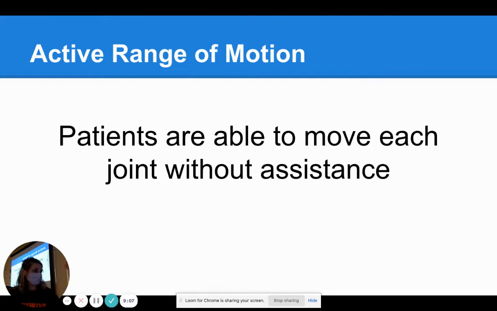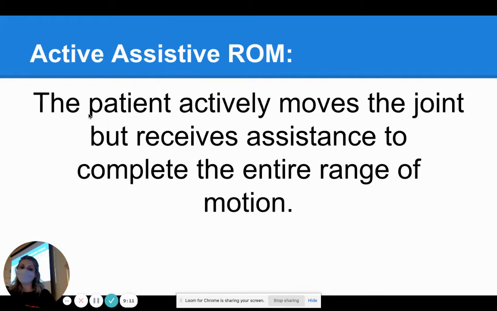If active is doing it themselves, what do you think active assistive means? They're active to the point where they can't do it, and then the therapist helps them finish that movement. So partly independent, like half and half.